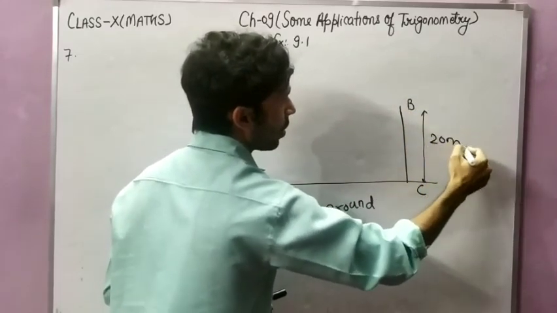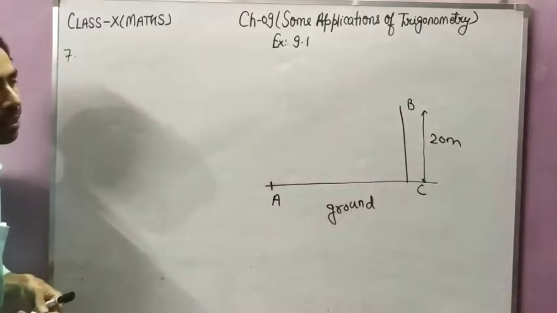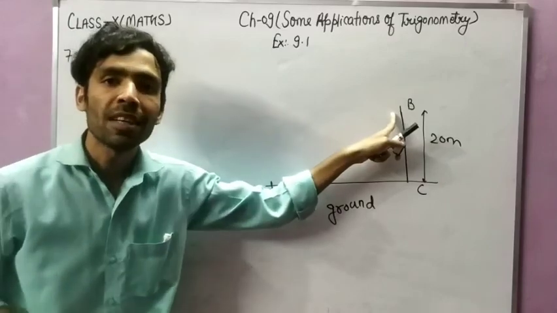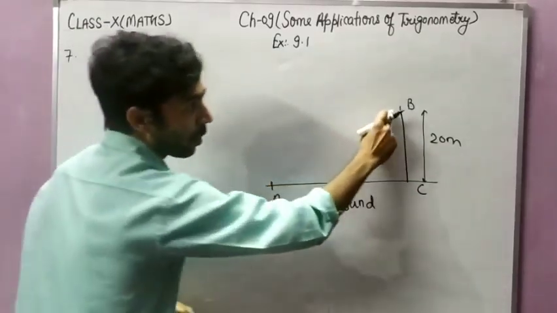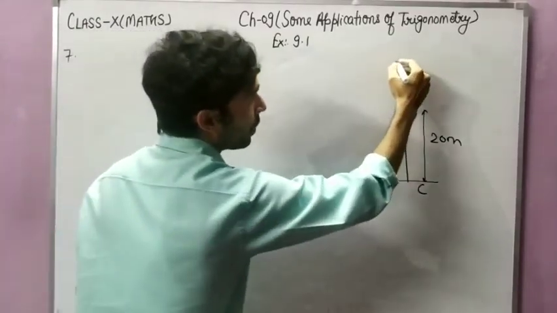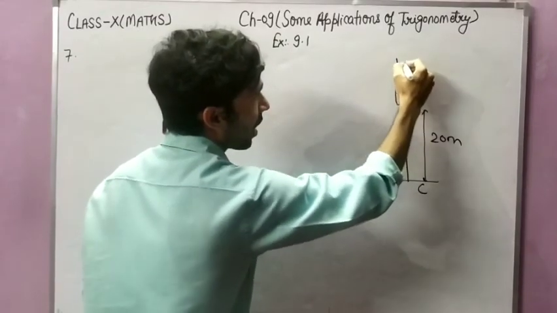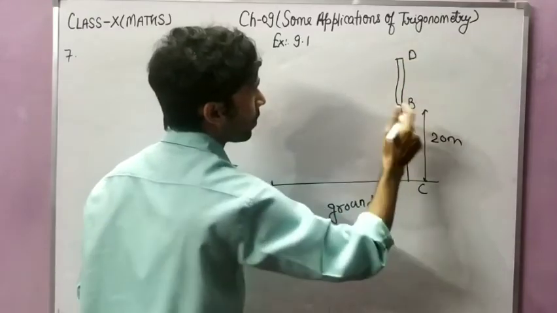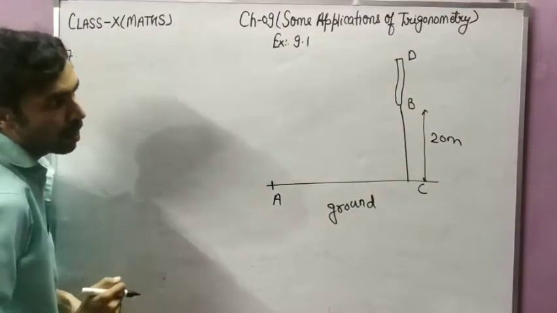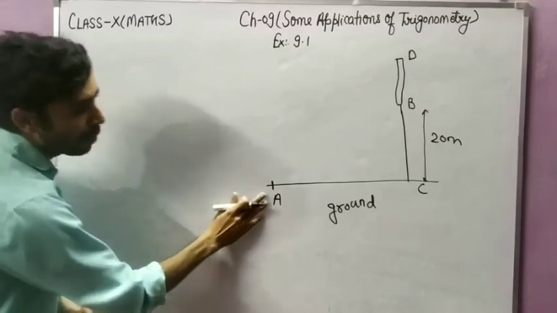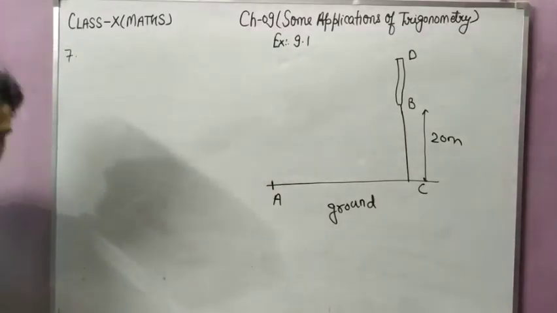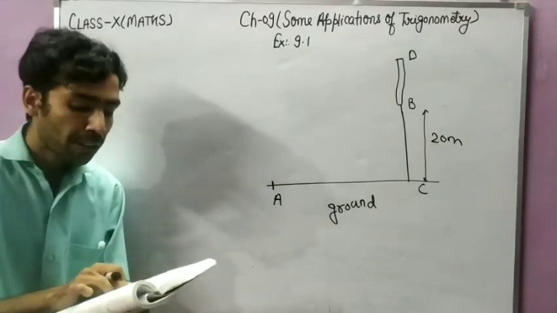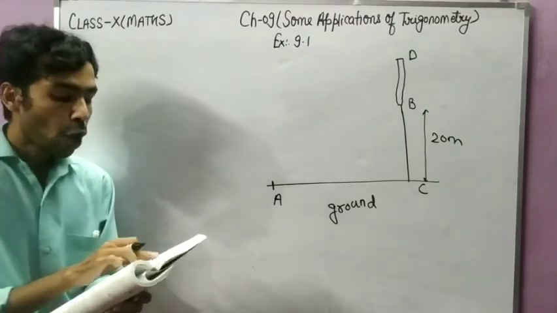And at the top of the building one transmission tower is fixed. At the top of the building, means at the point B, there is one transmission tower like this, suppose. That is BD. BD is a tower, fixed.